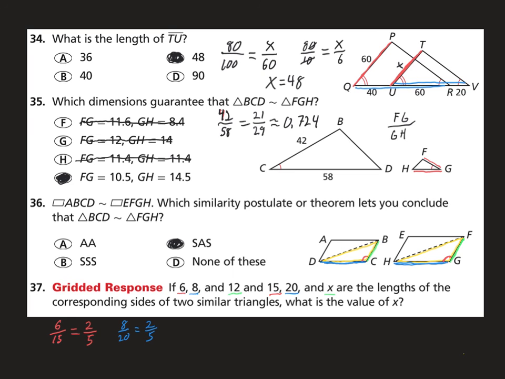So therefore, I know that 12 over x has to equal 2/5. So now I'm going to cross multiply here. So this will end up being 60 is equal to 2x divided by 2. So x is equal to 30.